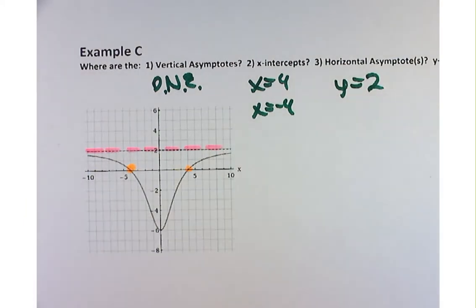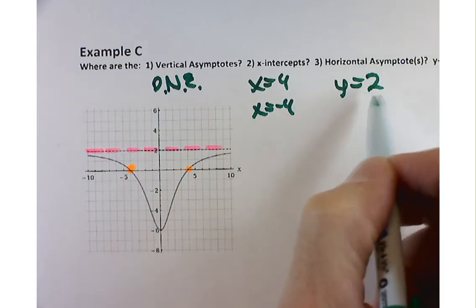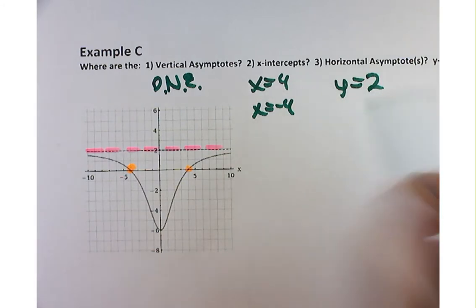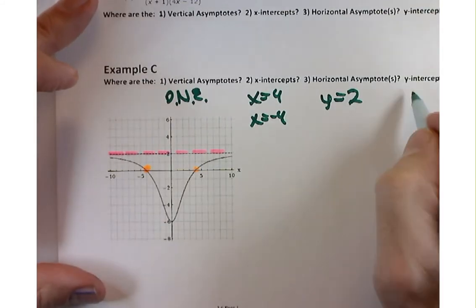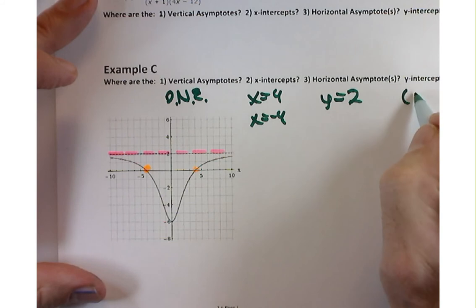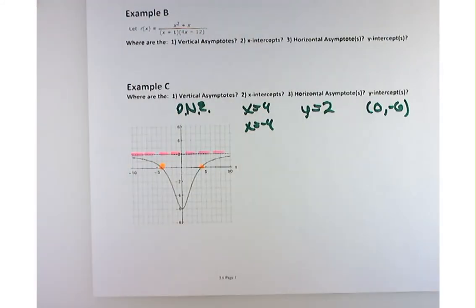When I get 2 or 4 or 3 or something like that, it really gives me a tough time because I need to know that you know it's a horizontal line, y equals 2, as opposed to a vertical line, x equal 2. And last but not least, the y-intercept. -6, yeah. So I'll just list the point, 0, -6. Great.